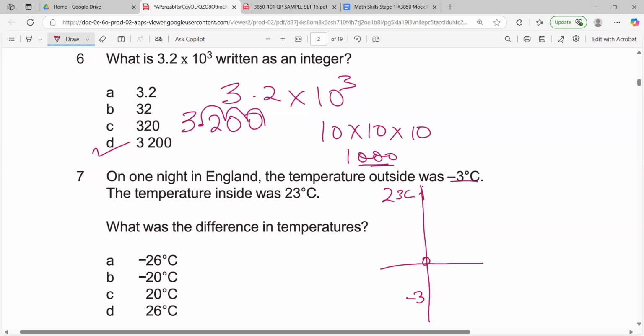So the difference in temperature will all be related to that. Because from here to here, the magnitude is 3. And from here to here, the magnitude is 23. So all we do is add 23 plus 3. And now I'm not fussing with a negative or a positive number. It's really the temperature.